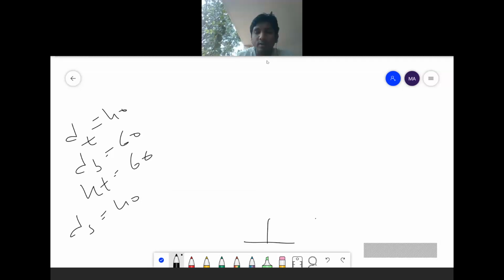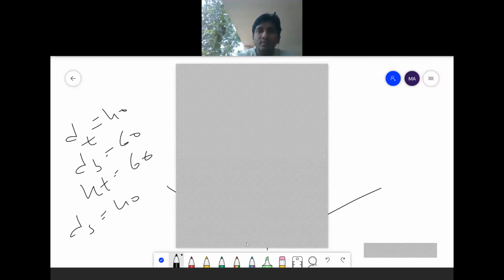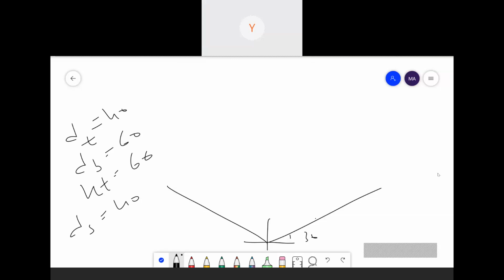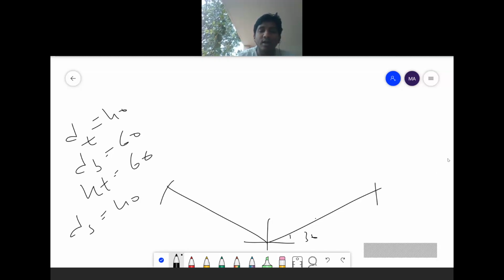I'm taking 30 degrees this side, 30 degrees this side. I'm cutting 60 here, 60 here, from here 60, from here 60. I'm drawing one square.